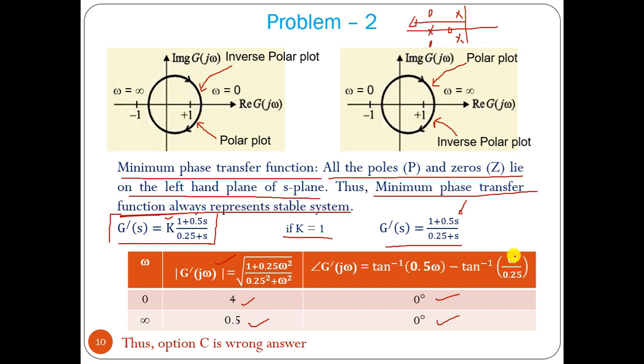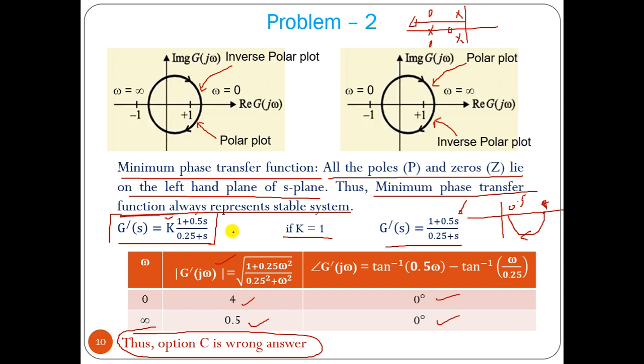So what we can find out is that it should start from 0 degree and end at 0 degree, if it is a minimum phase system, where we have 1 pole and 1 zero. This is the plot. This starts at 0 degree, and this ends around 0.5 at 0 degree. So option C is also a wrong answer.